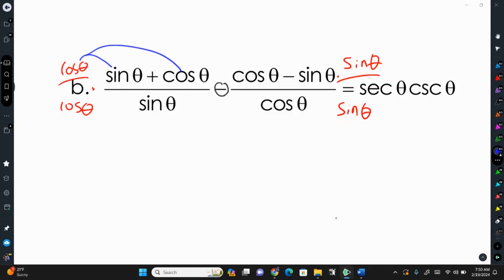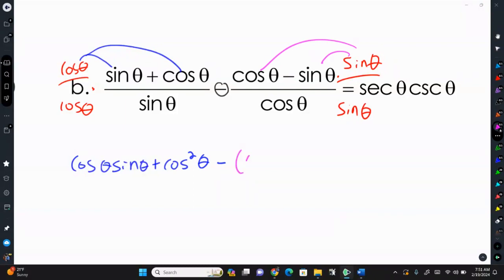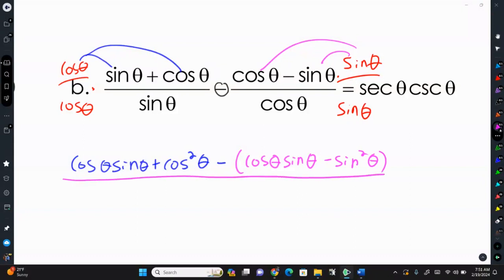So that's going to be cosine theta times sine theta plus cosine squared theta minus, and distribute this sign. Okay, so we have minus, I'm going to put these in parentheses, cosine theta sine theta minus sine squared theta all over our common denominator of cosine theta times sine theta.